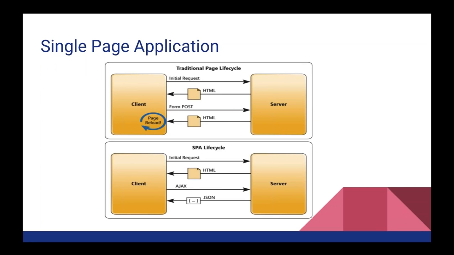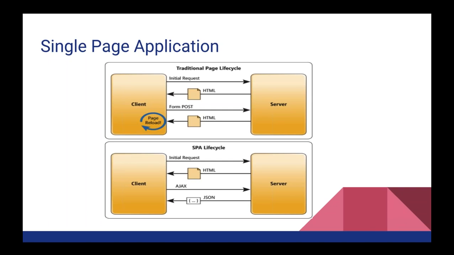So let's talk about single page application and how a single page application is fundamentally different from a traditional page lifecycle, because the fundamental of Lightning starts with understanding what is a SPA. A SPA is a single page application.